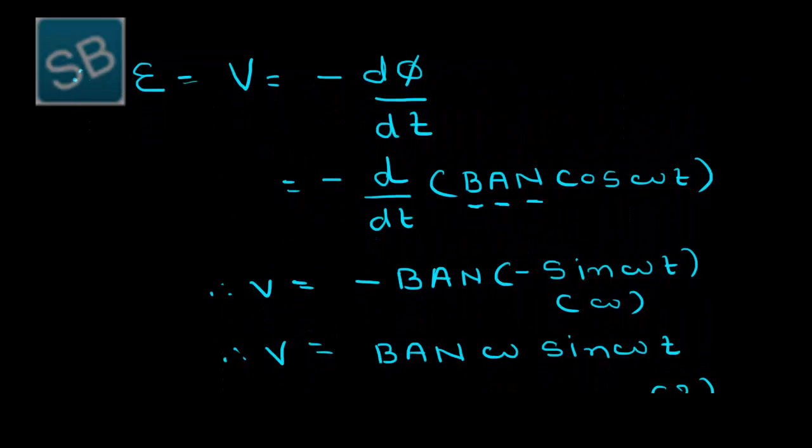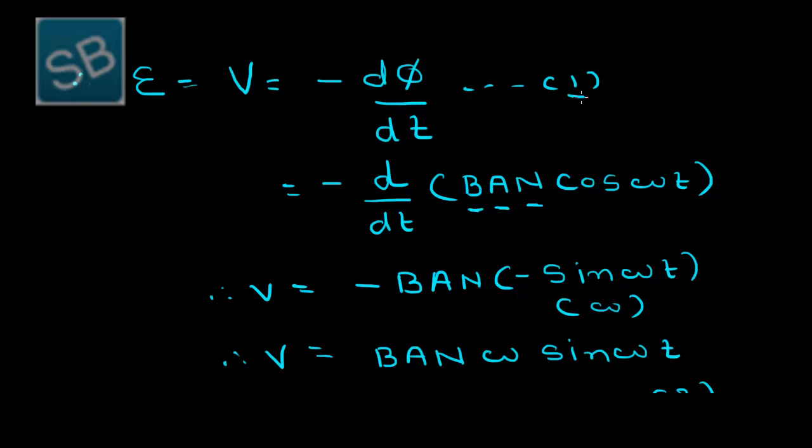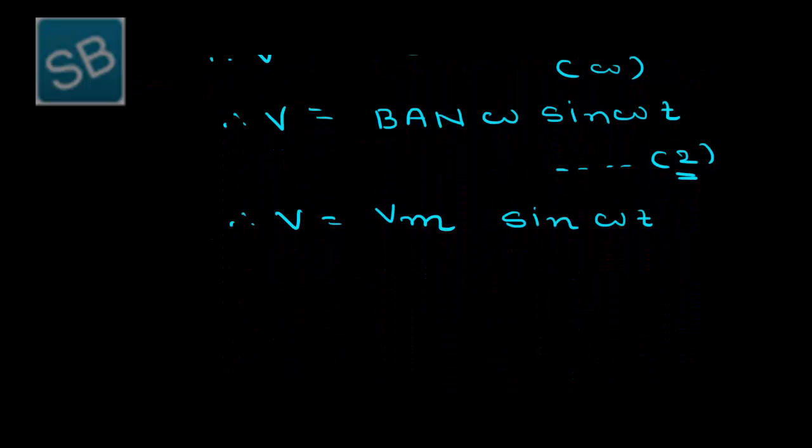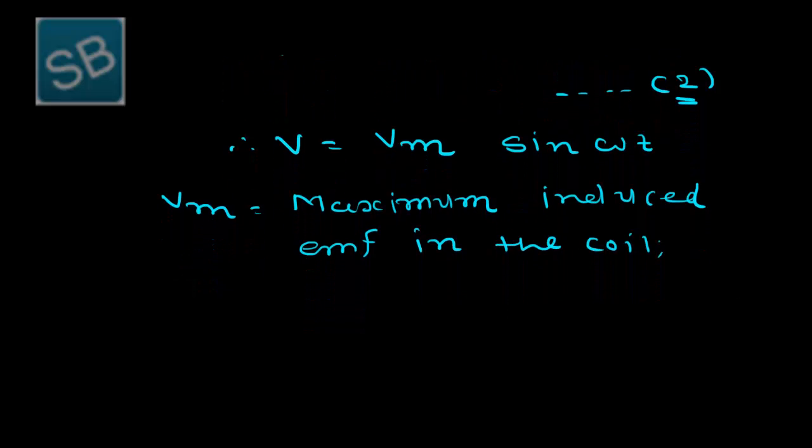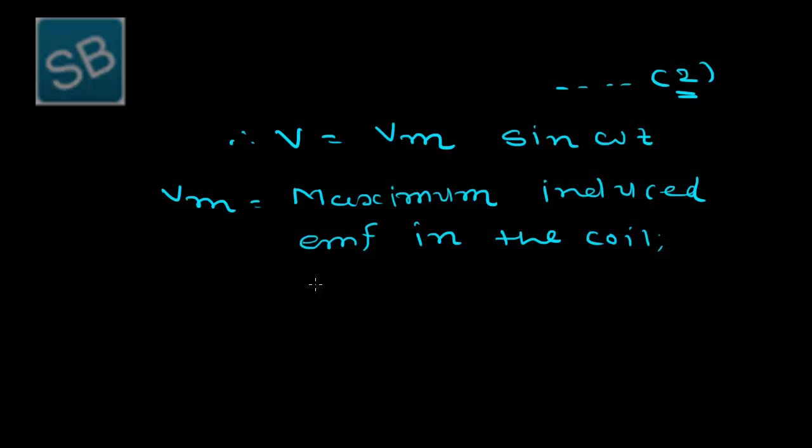Here the first equation was this. So this equation, equation number 3, suggests to us that the induced EMF in the coil varies as a function of sin omega t.